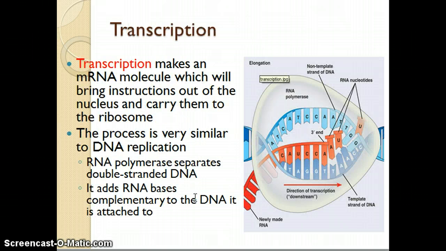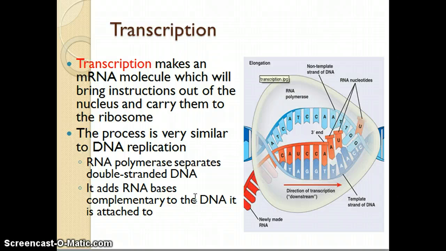So here's how the message coded for in the DNA ultimately gets made into a protein. The process has 2 steps: transcription, which makes the mRNA blueprint, and translation, which takes that blueprint and uses it to build the protein at the ribosome. Transcription is actually pretty similar to DNA replication. First, DNA is unwound. RNA polymerase is the enzyme that unwinds the DNA and also adds the RNA nucleotides.